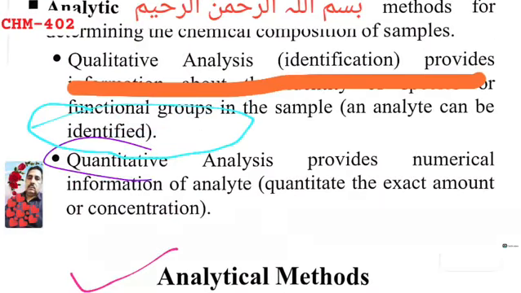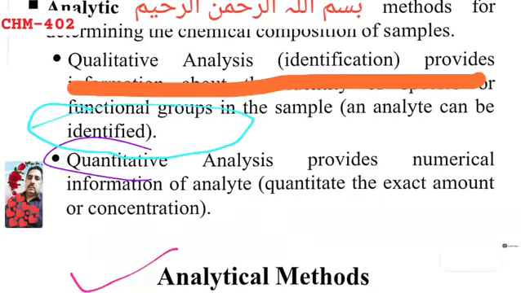Classical qualitative methods are further subdivided, and the qualitative instrumental methods are those in which we measure conductivity, electrode potential, light absorption, emission, mass to charge ratio, and fluorescence. All these are measured by using an instrument.